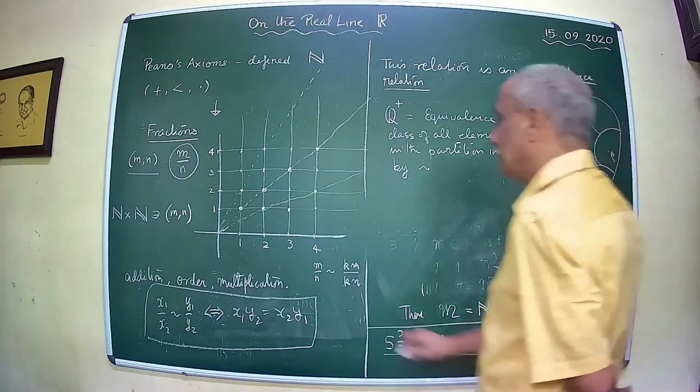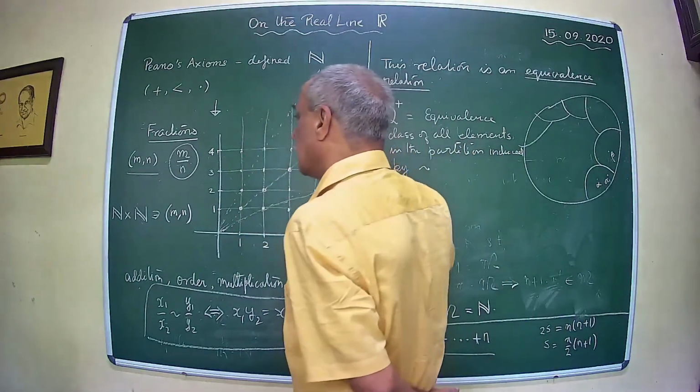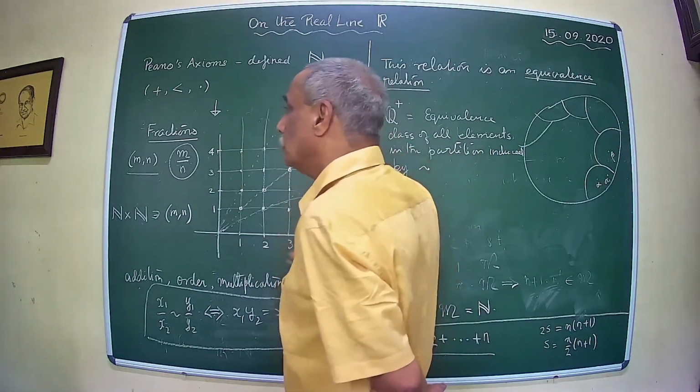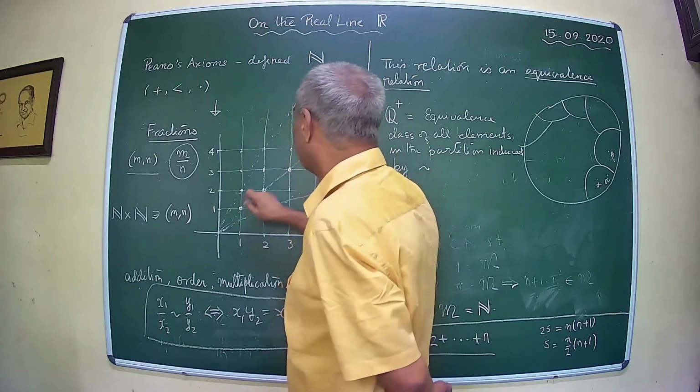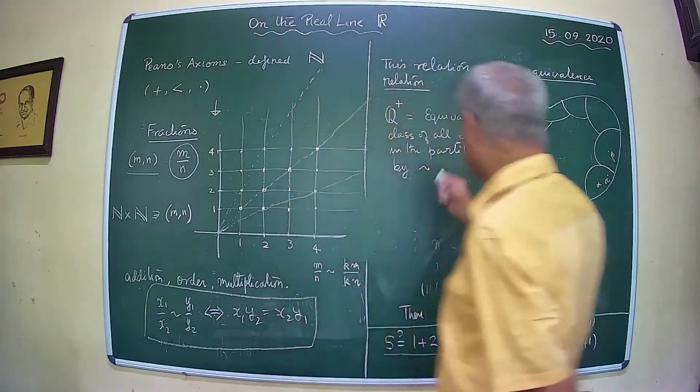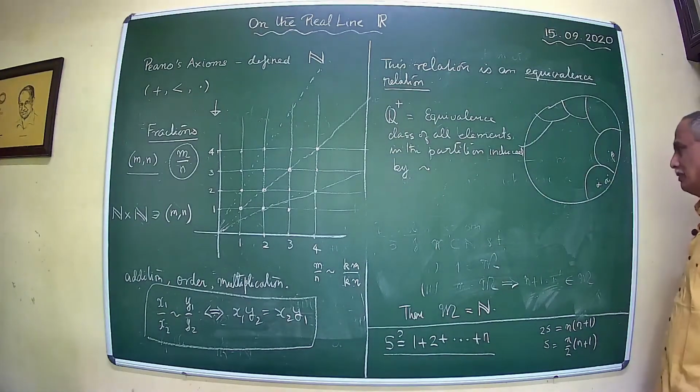So you have these lattice points breaking up into a disjoint union of subcollections. That's what you have. So this is the relation that we have.